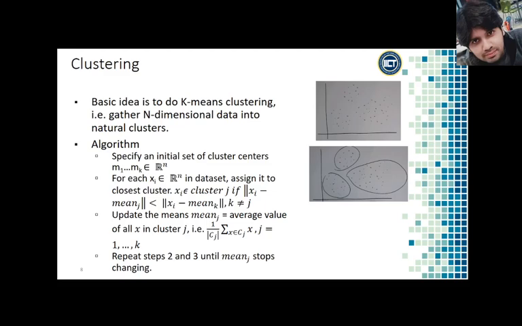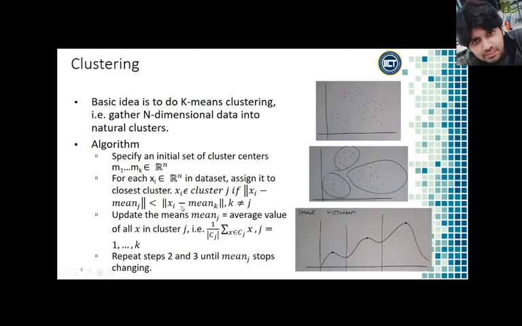This is the mathematical notation: the data point belongs to cluster J if the distance between the data point and the mean of that cluster is less than or equal to the distance between the data point and the mean of cluster K, where K is not equal to J. So we compute the distance from the cluster centroids, and assign each data point to that particular cluster center.